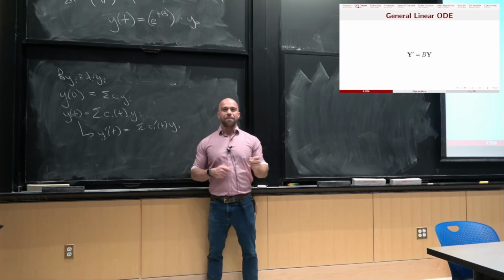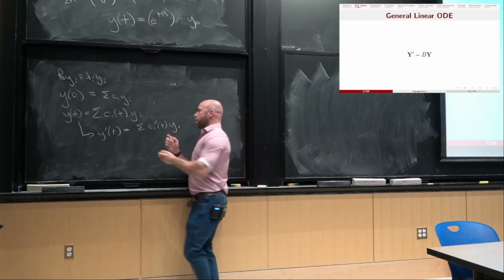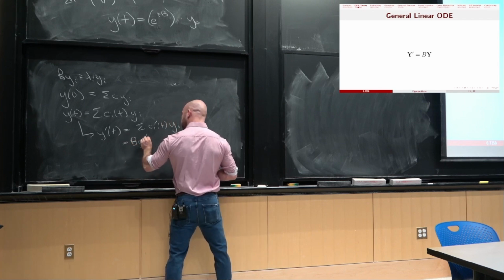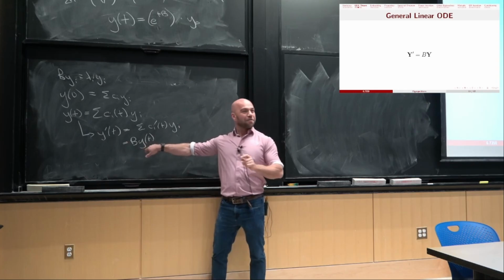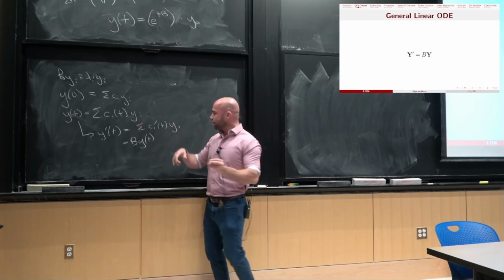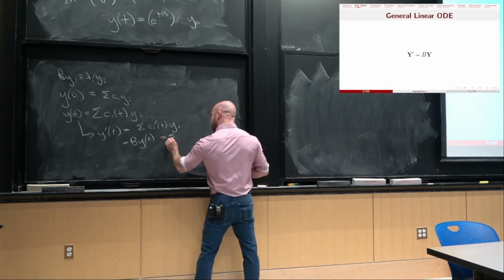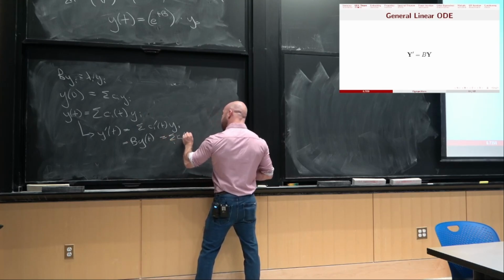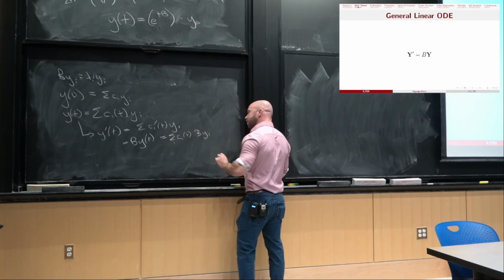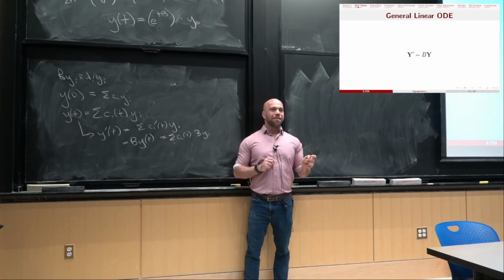Does that make sense? But we also know that y prime is B times y, and I can substitute the form of y a second time here, and I can get the sum over i of c_i of t times B y_i. Make sense?